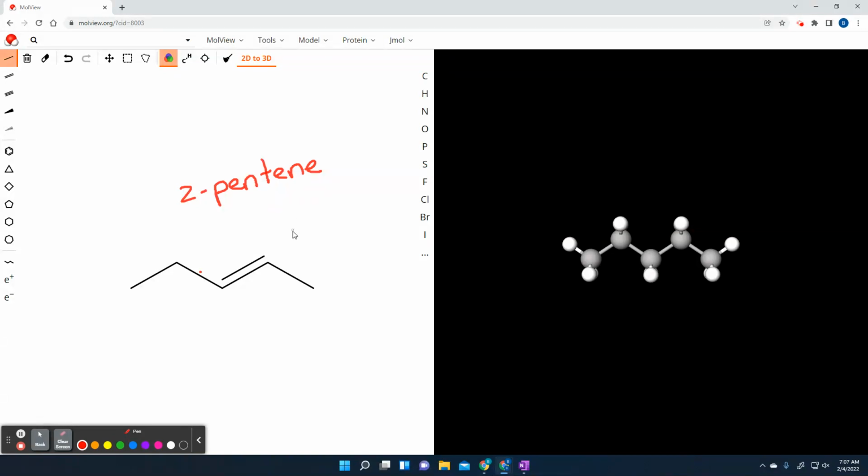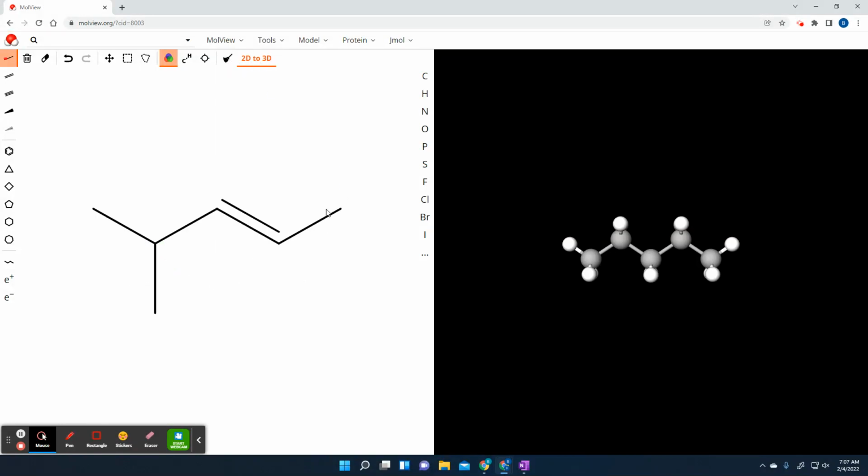When we're naming and doing branches, the double bond or triple bond for that matter take precedent, meaning, if I was to start to add branches, let's say I put a branch here. So now we know that we have a methyl on potentially carbon 1, 2, 3, 4, 5.